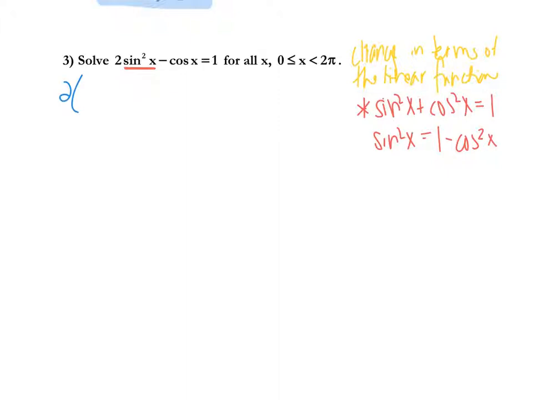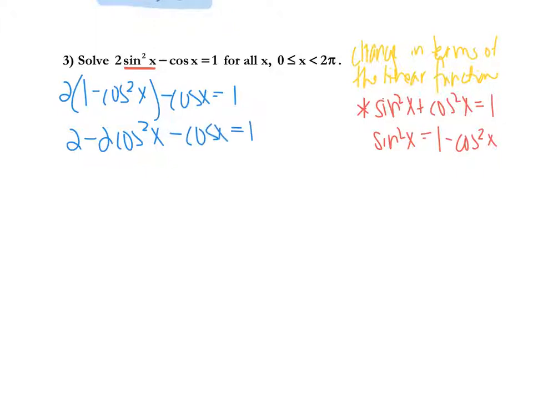That's what we're going to substitute in. So we have 2 times 1 minus cosine squared. Remember that we are replacing what's underlined in red. Minus cosine x equals 1. Now I have everything in terms of the same trig function, and I can start solving. So 2 minus 2 cosine squared minus cosine x equals 1.